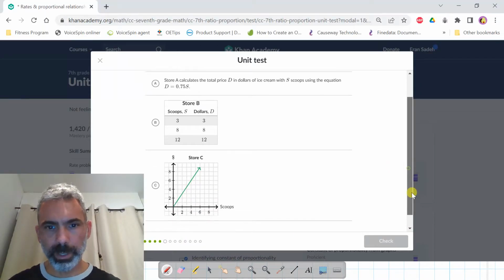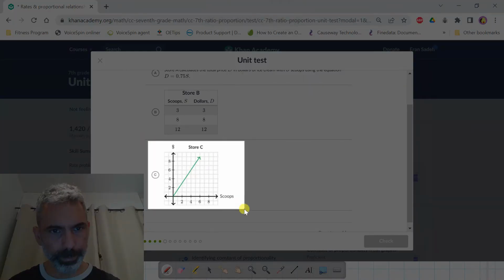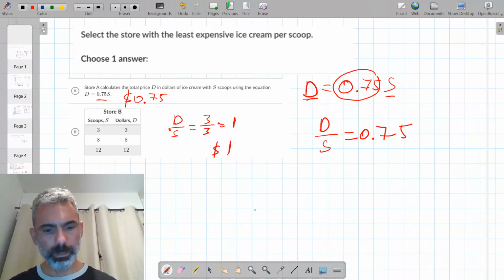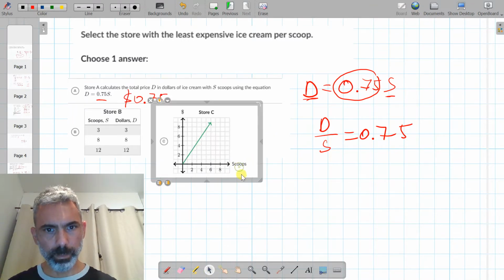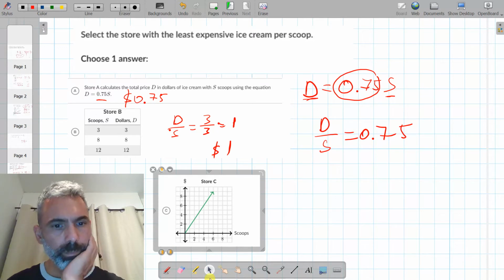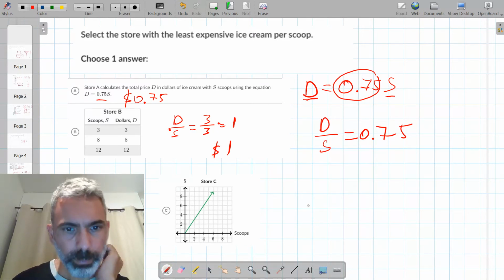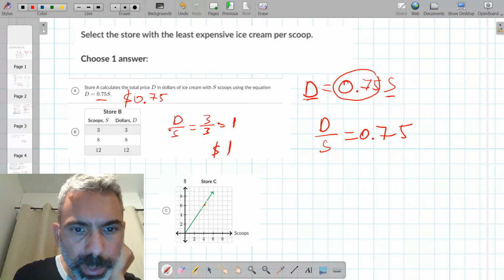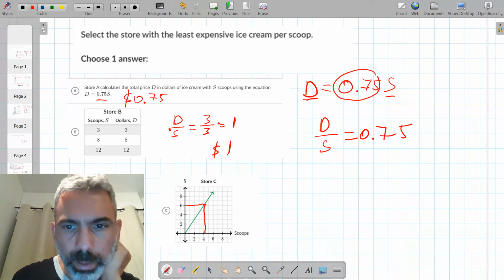And option C, so we have a point here, which is 6, and the x is 4.